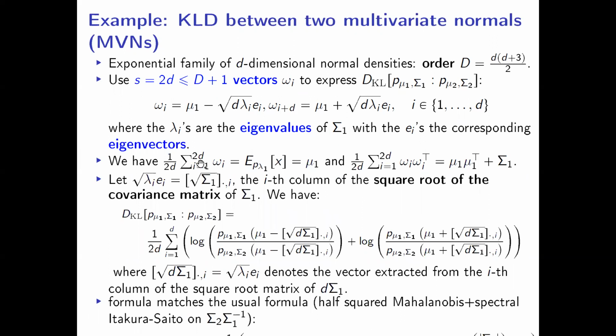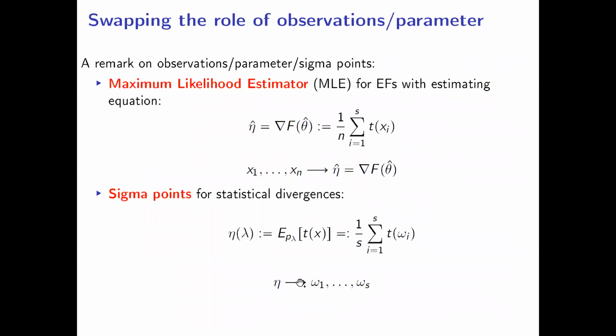If we take this quantity, then we find this relationship here, and we can express the KLD as this formula. This is exactly identical to the usual formula for the KLD between two normal distributions, which is a half squared Mahalanobis distance plus a spectral Itakura-Saito distance based on the eigenvalues of this matrix.